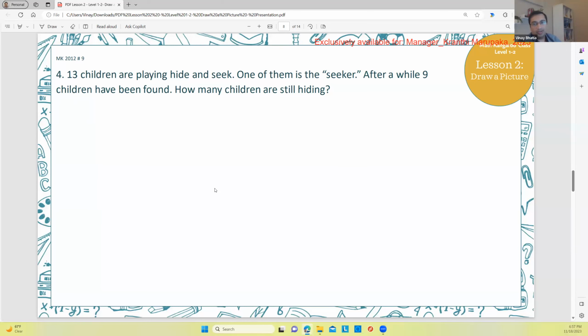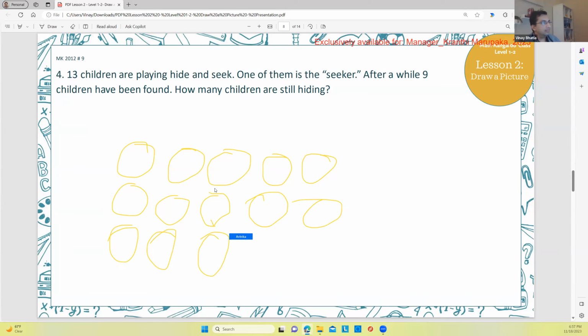Click on the pen or annotation and then draw it on the screen. If you can explain what you've drawn and what you think is the answer?